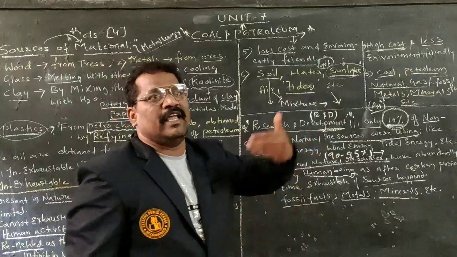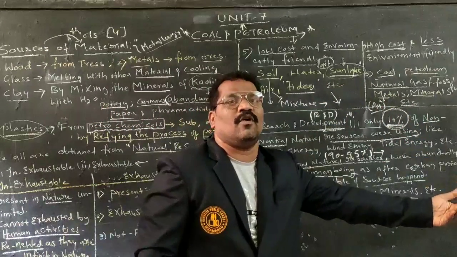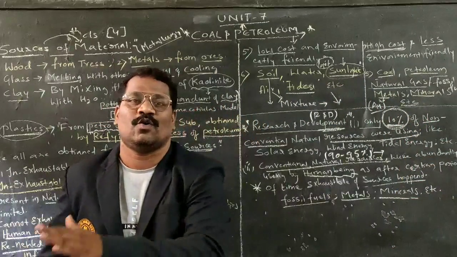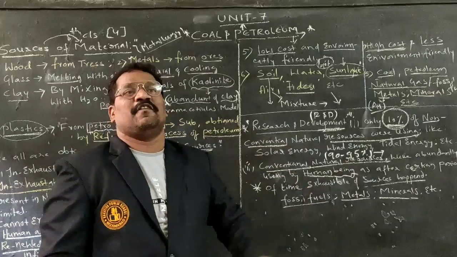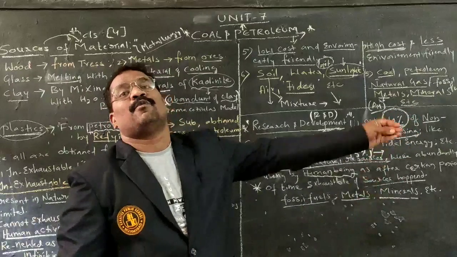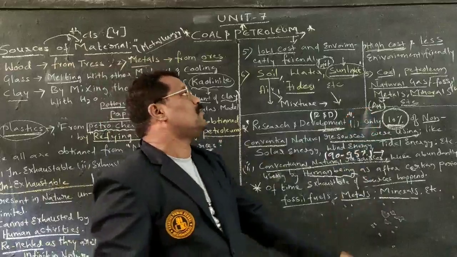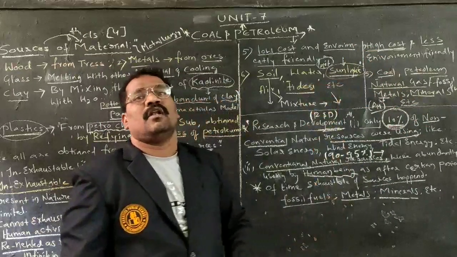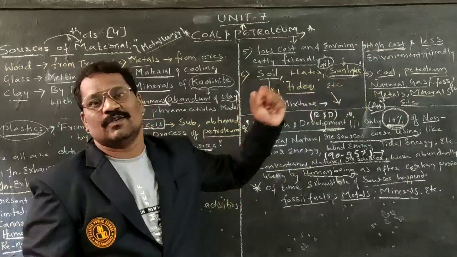As utility increases, the resource is slowly depleting. At one stage, we cannot find the product existing. Those types of products are called exhaustible natural resources.